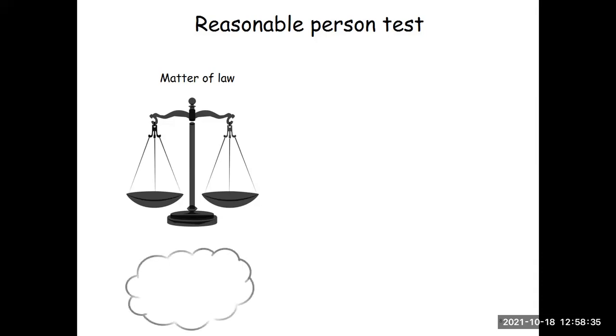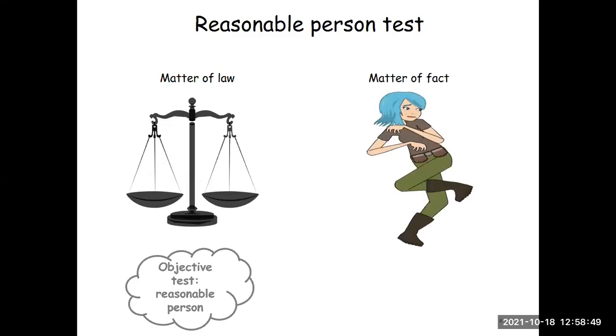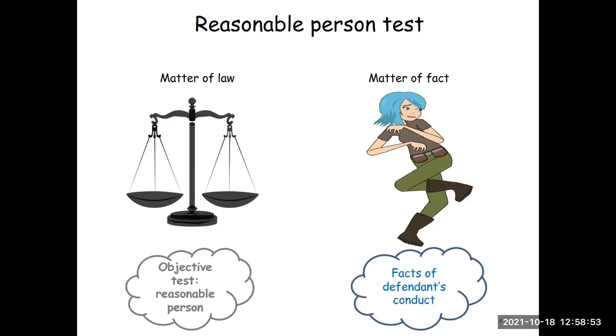The reasonable man test illustrates this. It is an objective test, meaning it's a test set by the law and it's the same for everybody. Now this test becomes a matter of fact because you take into account the specific facts of your case and you judge them against the matter of law.